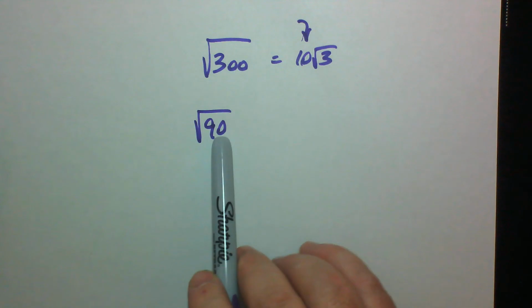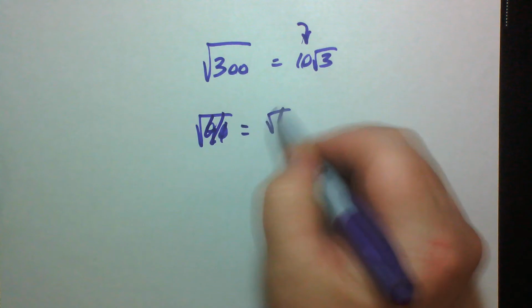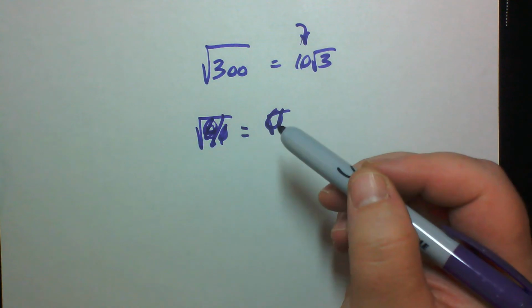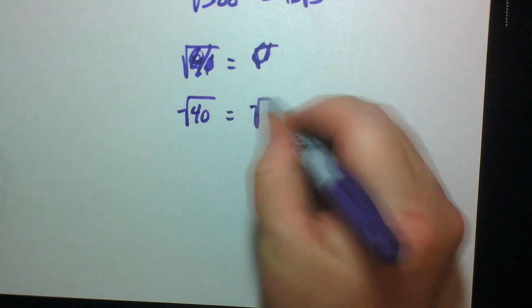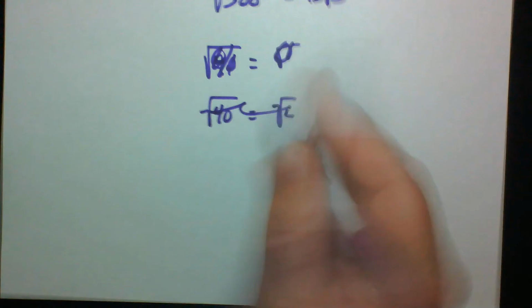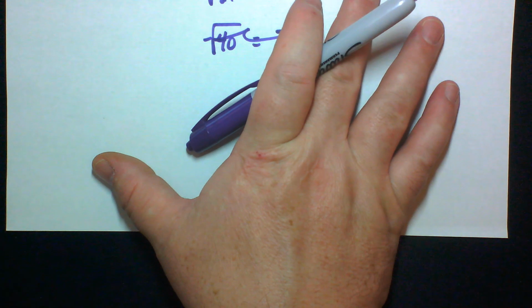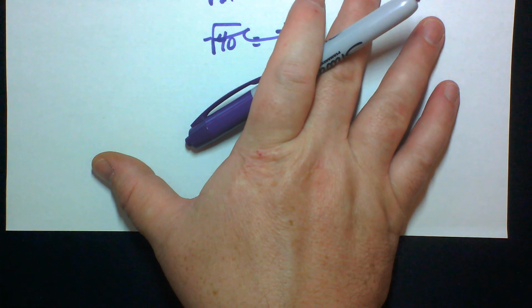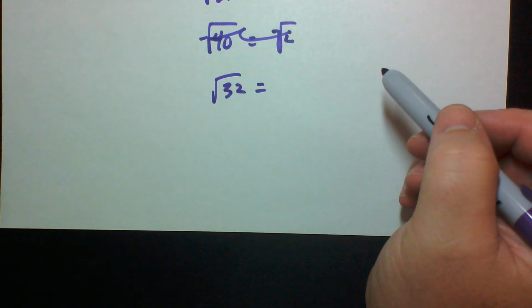So, for example, look at 90. No, let's not do 90. Let's do 40. No, let's not do 40. Hold on. I'm having a hard time because I'm trying to think backwards. It's Monday morning. My brain isn't working. Let's do 32.